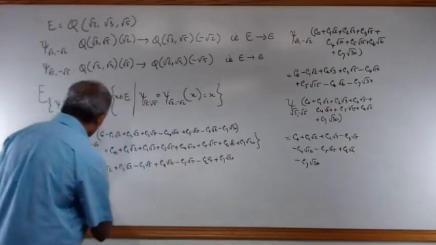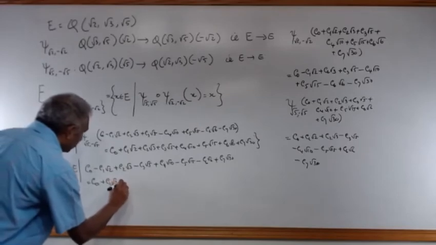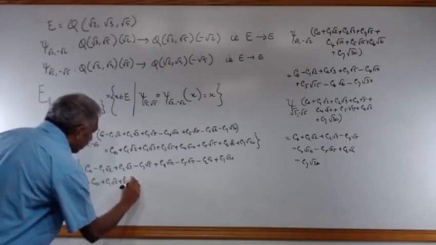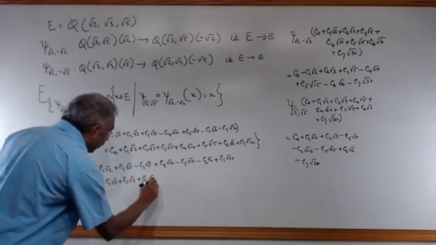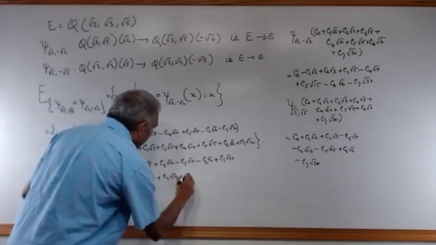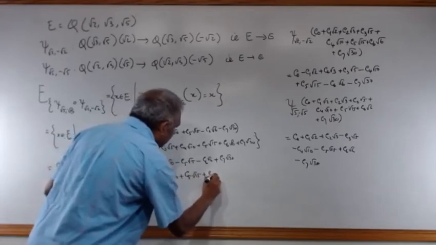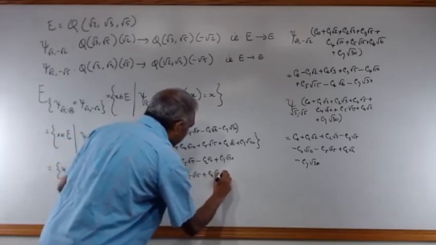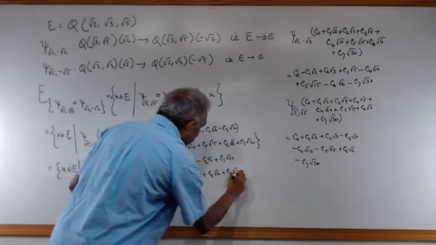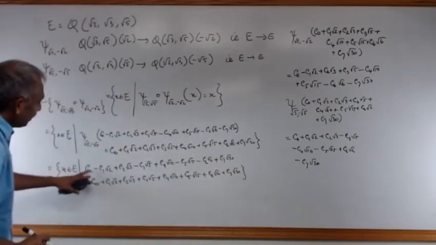Equal to c0 plus c1 root 2 plus c2 root 3 plus c3 root 5 plus c4 root 10 plus c5 root 15 plus c6 root 6 plus c7 root 30. So this has to be equal.